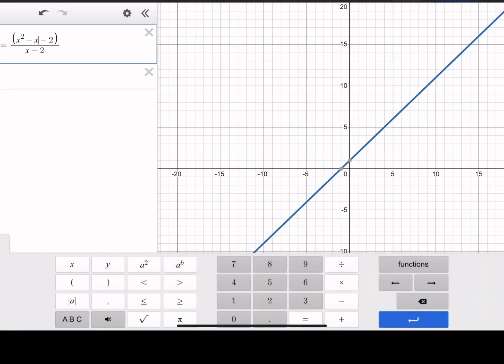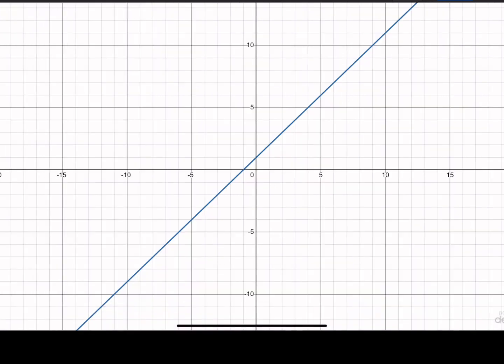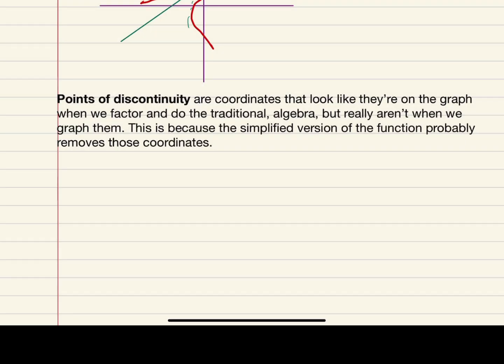And I graph y is equal to (x squared minus x minus 2) over (x minus 2). This is the graph I end up getting, which is a linear graph, which doesn't make a lot of sense. Now, if you try this again, you'd still get the same results. The reason is that sometimes rational functions have what we call points of discontinuity.